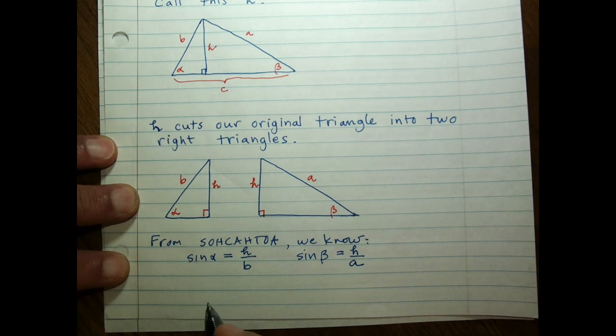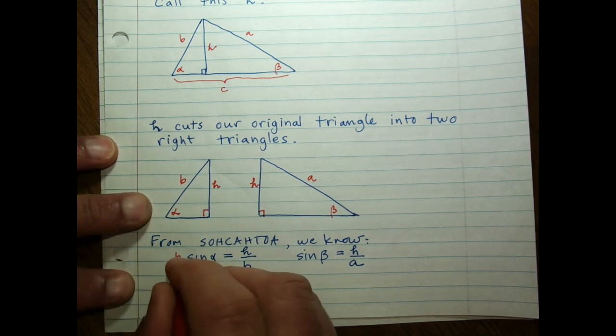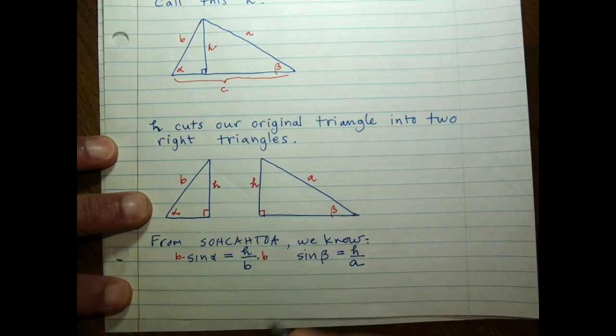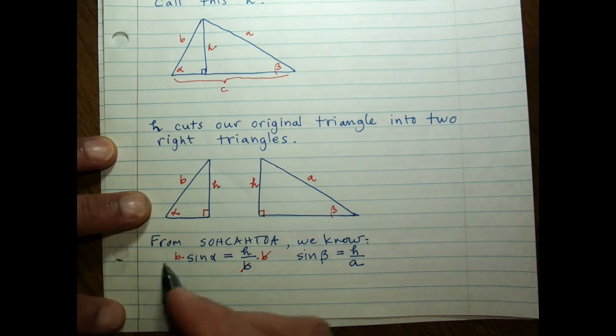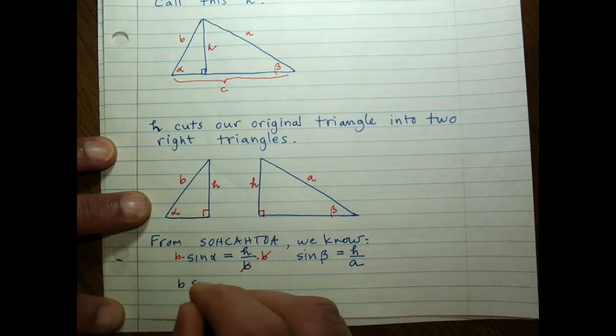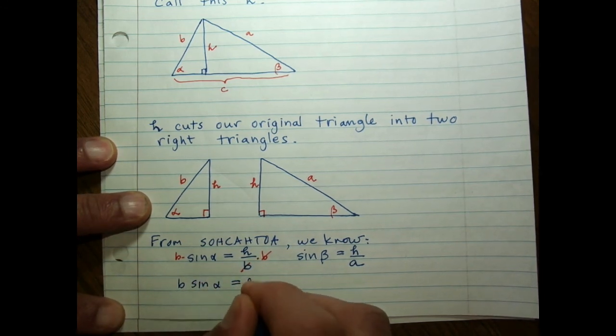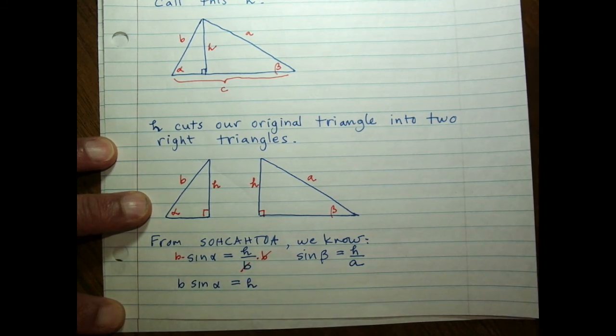And what I'm going to do is multiply both sides of this equation by b to clear fractions, and I get b sine alpha equals h. The b cancels on the right.